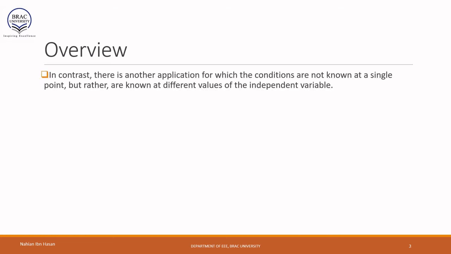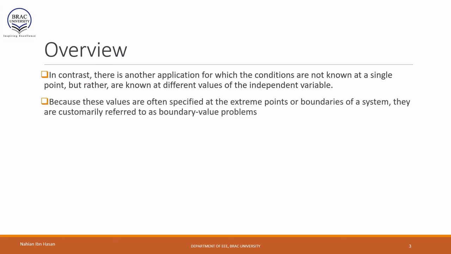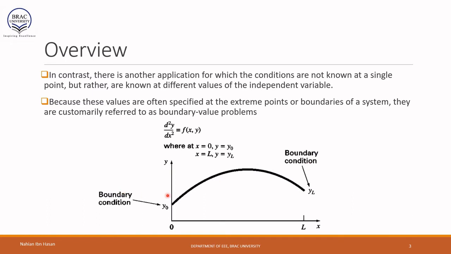Now let's move on to another problem, which is known as the boundary value problem. Why is this called the boundary value problem? Because all the conditions are not given at a single point. The conditions are given at two ends of the data space. Let's say this is a function and I am given a second order ordinary differential equation.